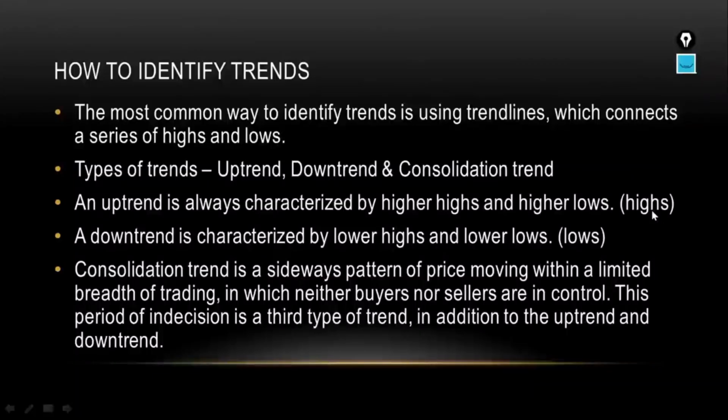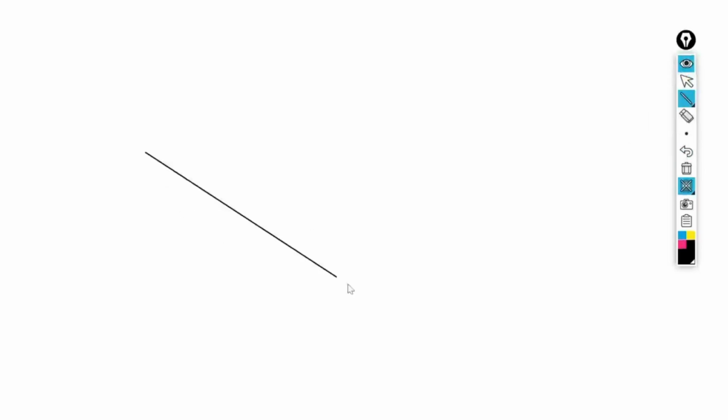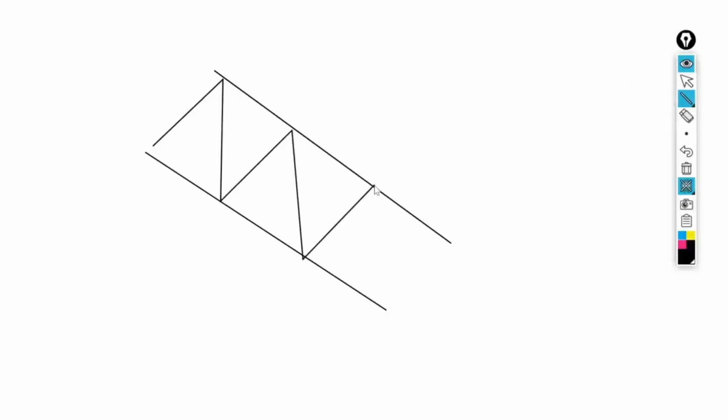A downtrend is characterized by lower highs and lower lows, meaning that in order for us to understand a downtrend, we're going to focus on overall lows. All right, let me show you an illustration of what I mean by that. Okay, so in our downtrend, we're gonna have normal volatility of the market.